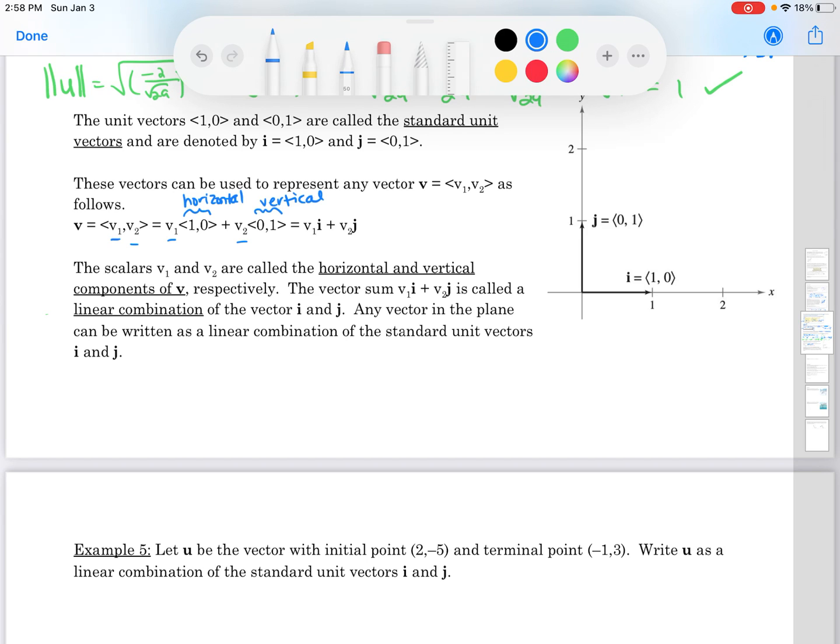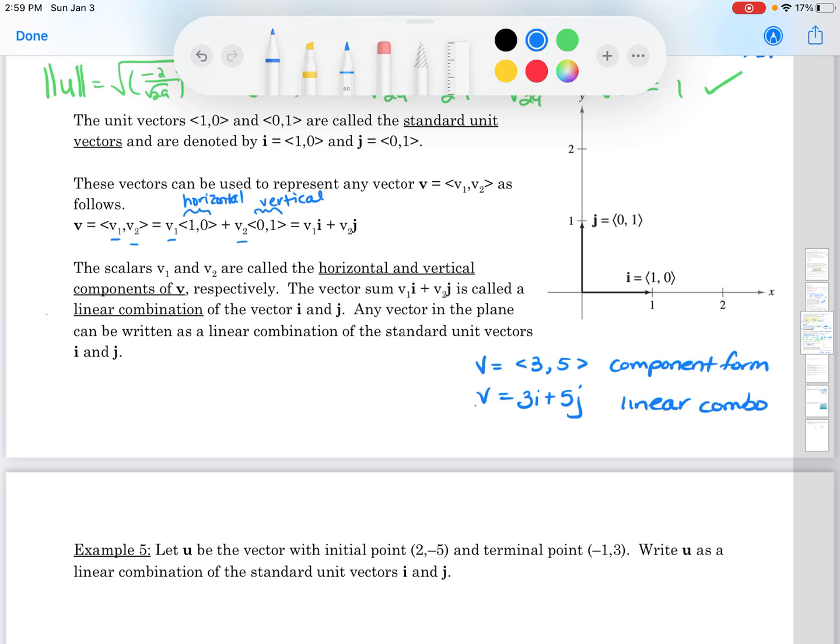So if we had, say, vector v being 3, 5, that is our component form, but our linear combination with i and j would really just be 3i plus 5j.